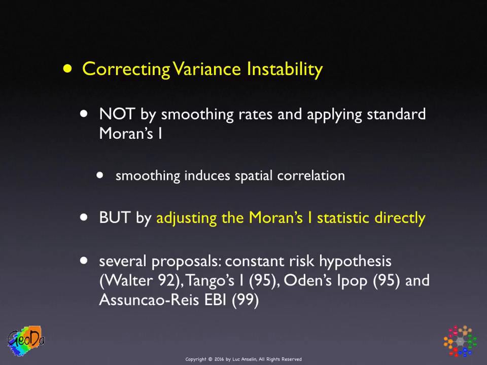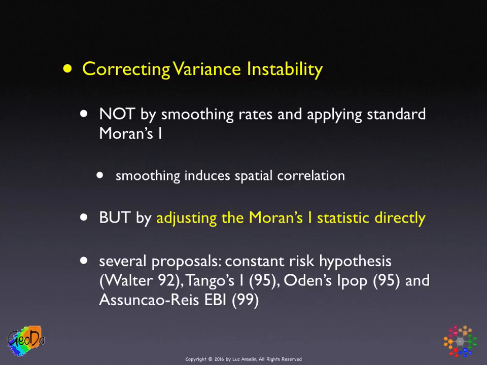So instead, the proper approach is to adjust the Moran's I statistic directly. And there are a number of different ways to do this, to deal with this constant risk hypothesis. In other words, we need a constant risk hypothesis to allow for spatial autocorrelation to work properly, but it's violated in this case. So how do we fix that?